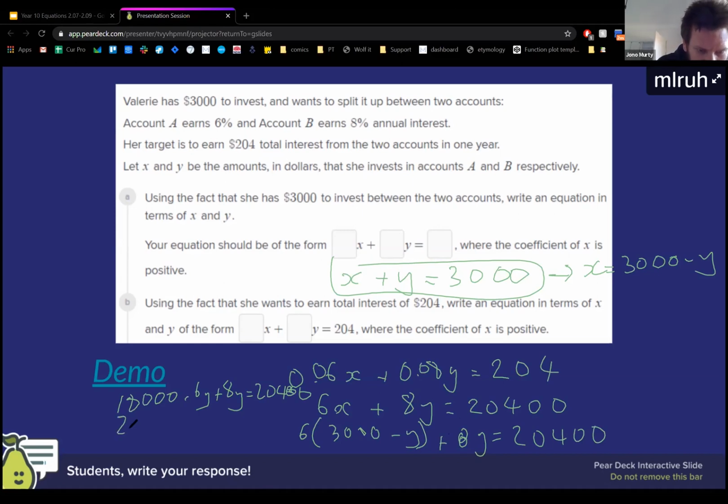That gives us 2y equals 20,400 minus 18,000, which is 2,400. Y equals 1,200. And they invested $3,000 in total. So we get y equals 1,200, x is equal to 1,800.